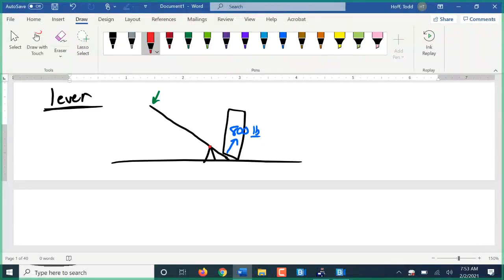The distance from our fulcrum to where we're going to lift, we're going to assume it's the very end of the lever that's lifting on that. Let's say we know that that is 15 inches. If we know from that fulcrum, that pivot point, to where we're going to push, we know that distance is 75 inches.